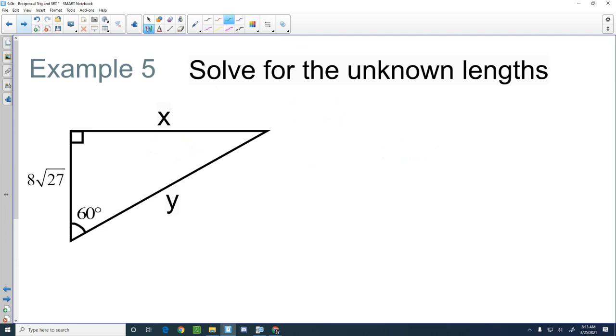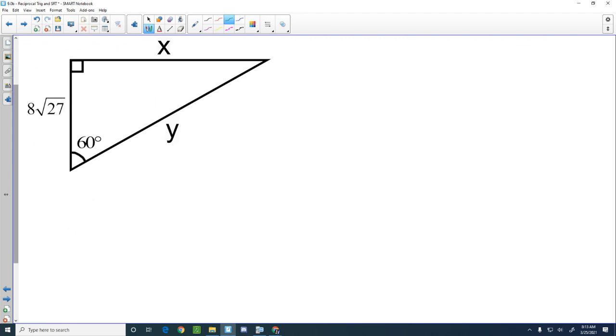All right, example 5, find the unknown lengths. Numbers won't always be as nice, so we want to do a little manipulation with radicals. See what you can figure out. So identify the type of triangle. Here, I'll move this up for everybody, if that's easier to see. Identify the type of triangle, and then try to determine those other lengths.